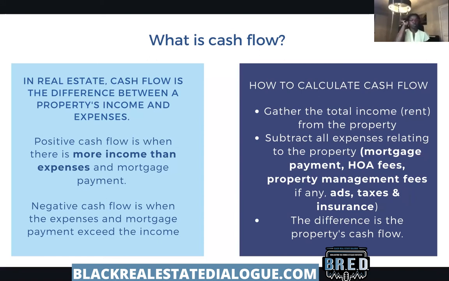So what really is cash flow is the difference between your income and your expenses. It's very simple. So in terms of income, that's your rent, or that's anything that you receive from your property. So if you're renting, say, a basement, an upper unit, you have a storage, all those things. When you collect the proceeds from that, that's your income.